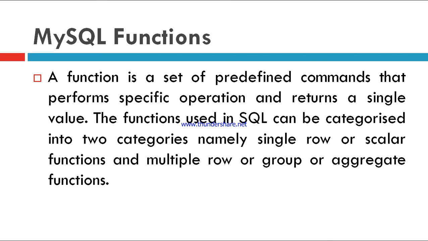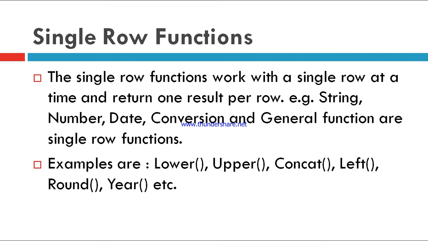In MySQL, functions can be categorized into two categories, namely single row functions, or we can say scalar functions, and multiple row, or we can say aggregate functions. So what is there in single row functions? The single row functions work with a single row at a time and return one result per row. Suppose a table contains 10 rows, 10 different records, and if you apply a single row function on that table, the function returns the result of each and every specific row, right?